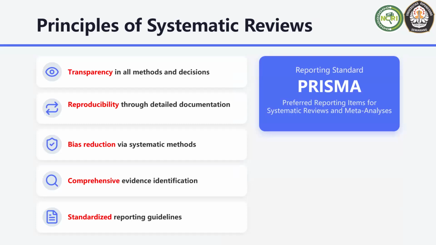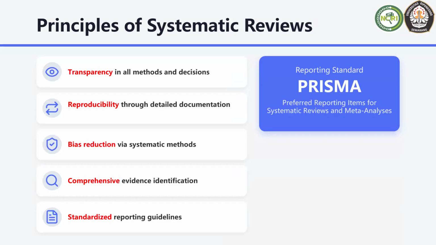So the principles, I've discussed this already: it should be transparent. That is a principle of a systematic review. The methods and the decisions you take should be transparent and reproducible, in a manner that I should be able to take the same steps, the same methodology, and come up with the same results. Then bias reduction: you should be able to assess the quality of the articles that you're going to include.